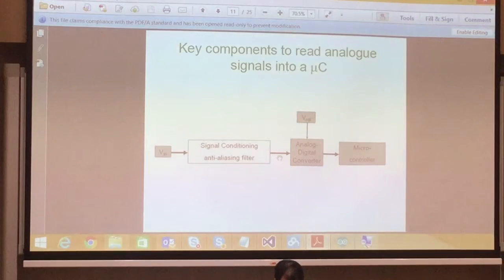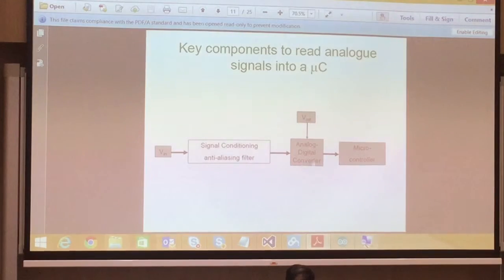Okay, so this is what we have discussed for the signals. If you have input signals, we need to do some signal conditioning, like using the anti-aliasing filter. Basically, you need to limit your frequency range.